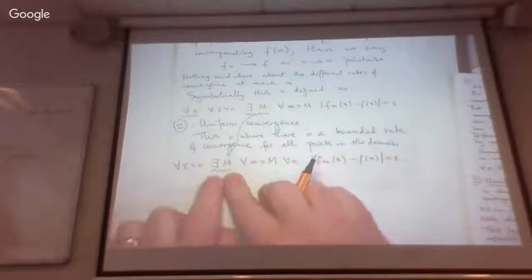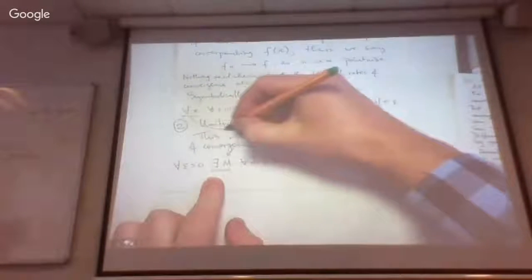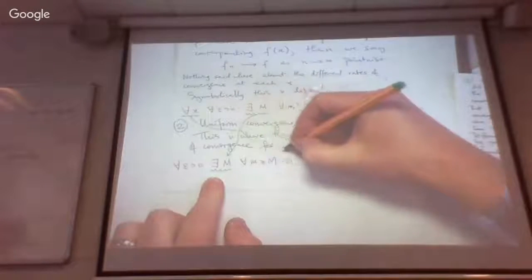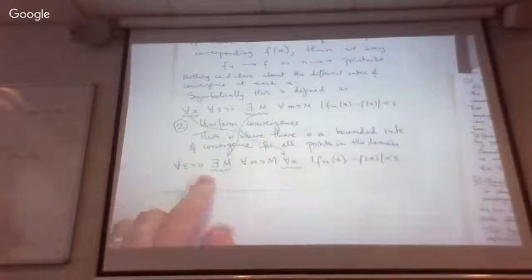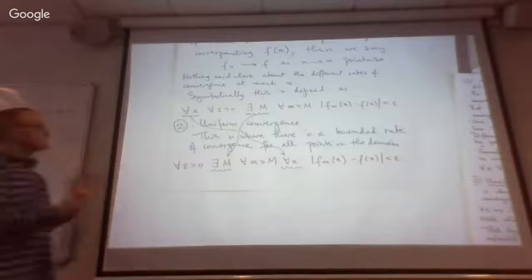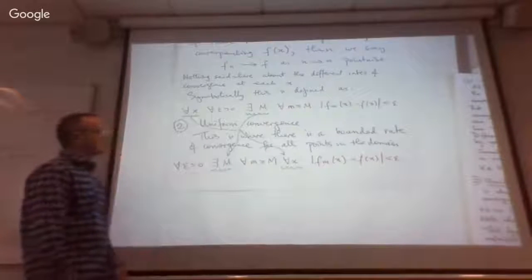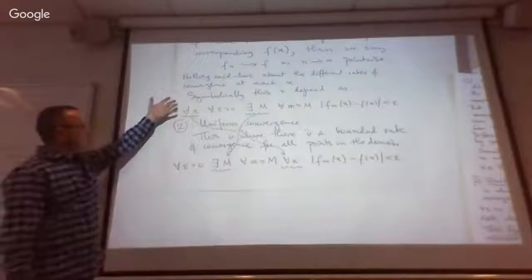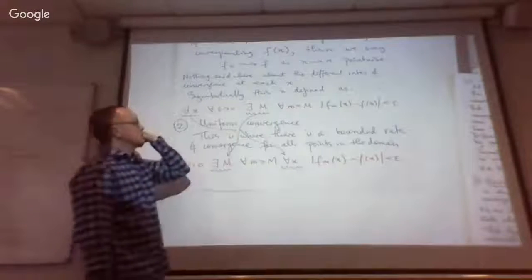Now the exists m is coming first, and the for all x is coming afterwards.